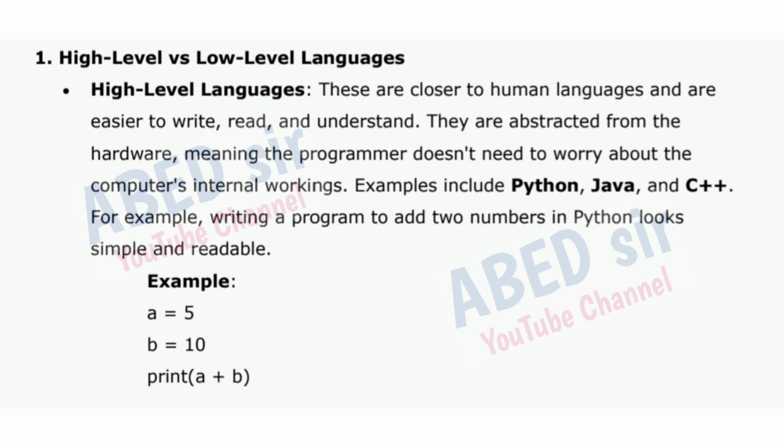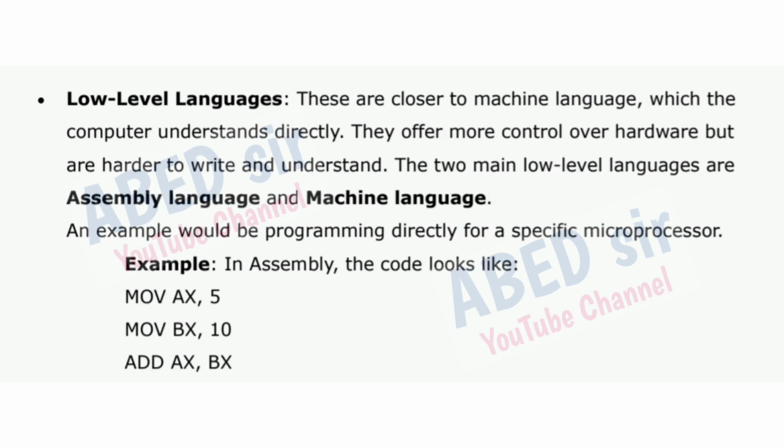For example, writing a program to add two numbers in Python looks simple and readable. Example: A equals 5, B equals 10, print A plus B. Low-level languages are closer to machine language, which the computer understands directly.